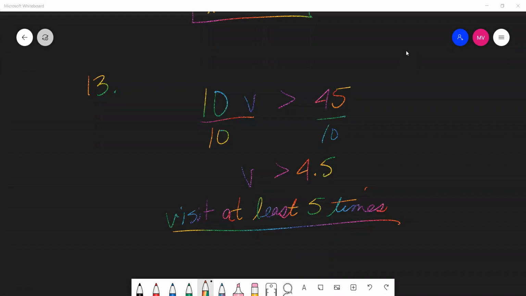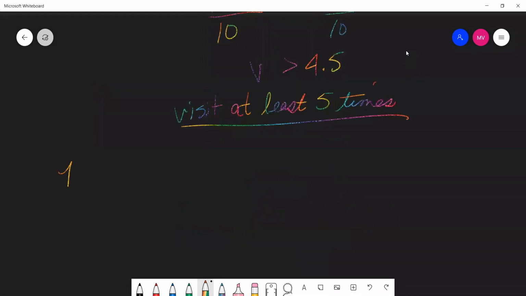I want to look at number 26 and 28. These are examples from the textbook, page 151, numbers 26 and 28.